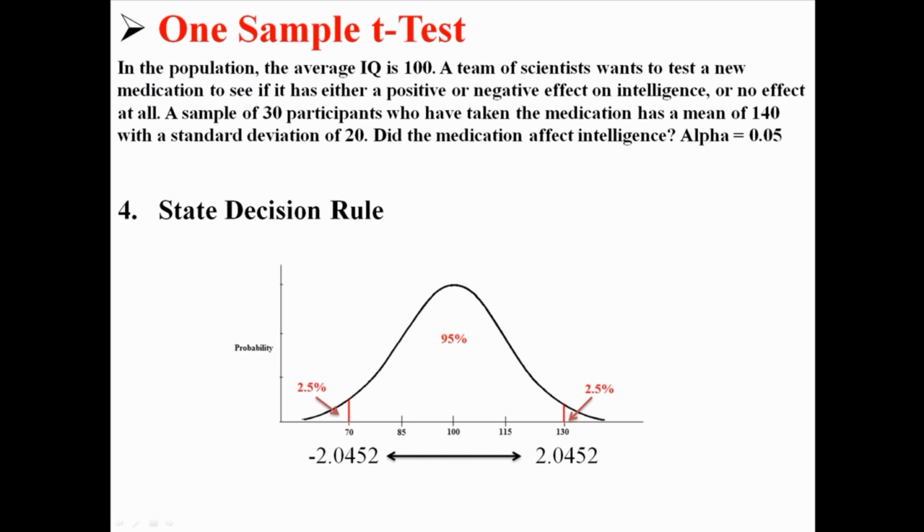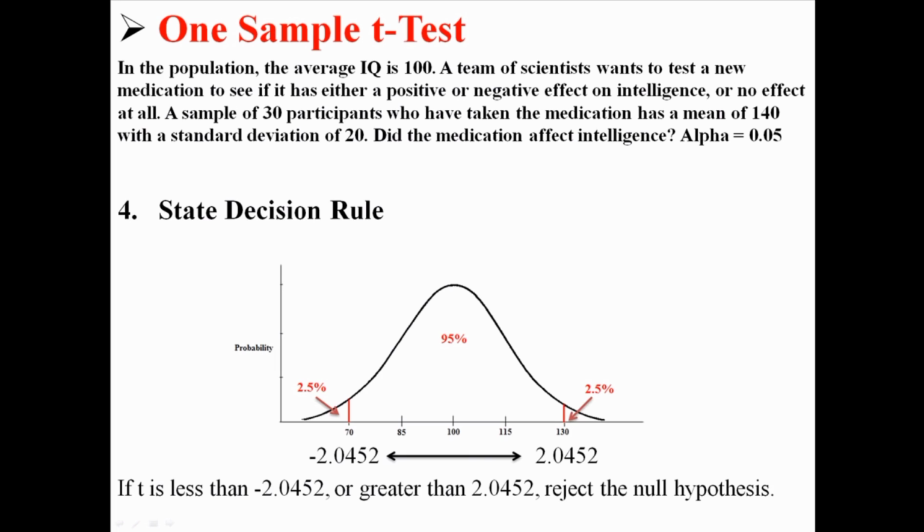So our decision rule is: if t is less than negative 2.052 or greater than 2.052, our null hypothesis will be rejected.